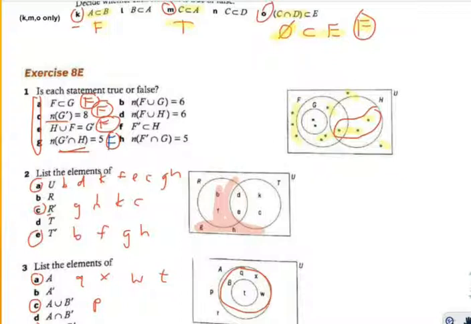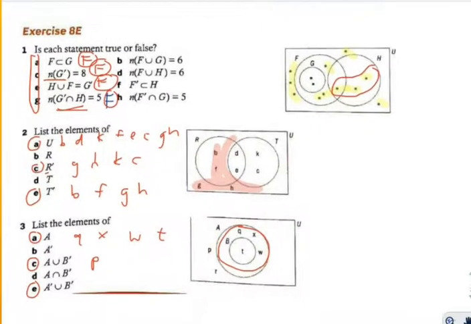Now moving on to number 2. List the elements of U. Well, U is just everything, right? So B, D, K, F, E, C, G, H. I just listed all the elements there. Then it says list the elements of R complement. Well, let's see. First of all, what's R? R is these four.